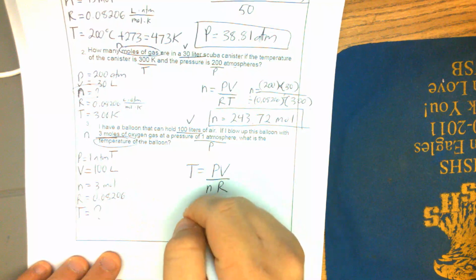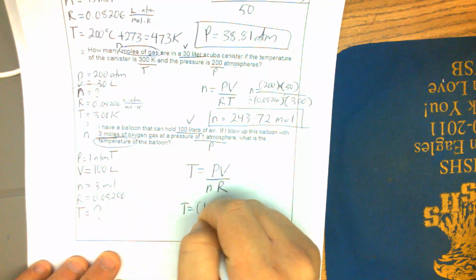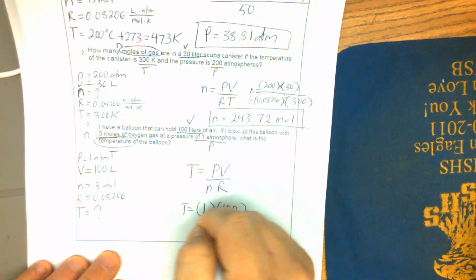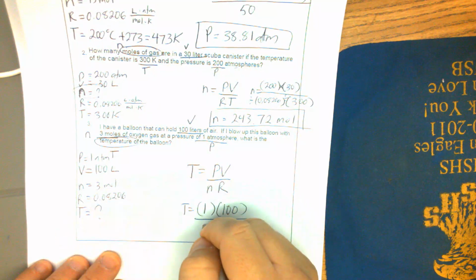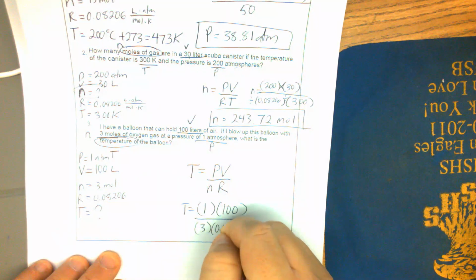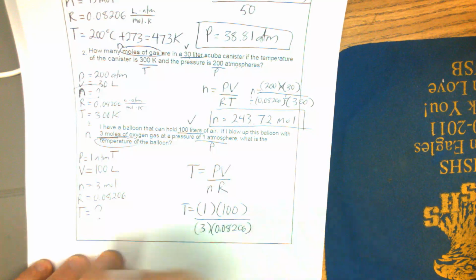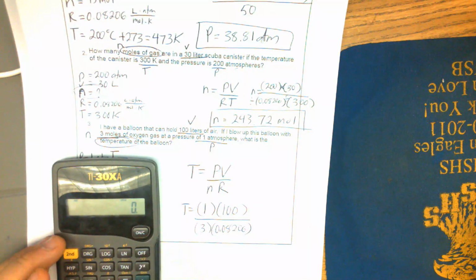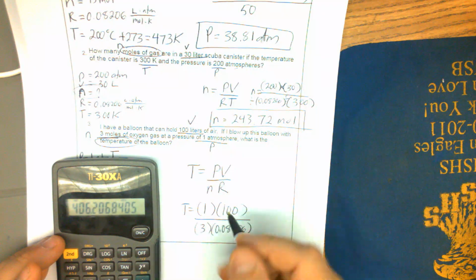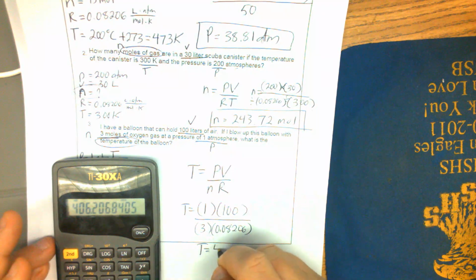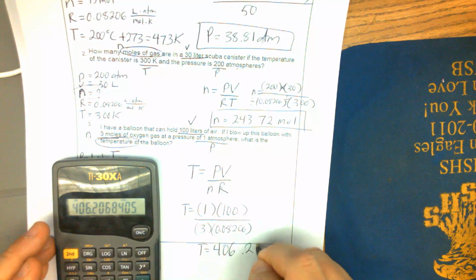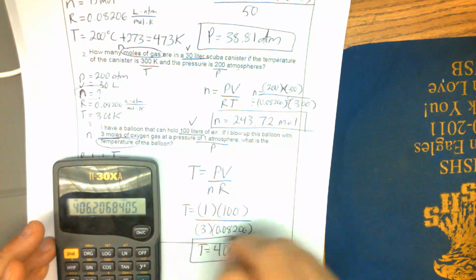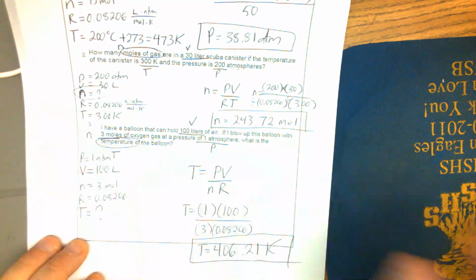So our temperature is the pressure, 1, times volume, 100, divided by 3 times our R. And we can just do this. So top number is just 100 divided by 3 divided by 0.08206. So we're going to get a temperature of 406.21 Kelvin. All right.